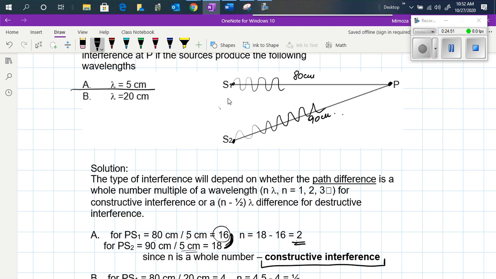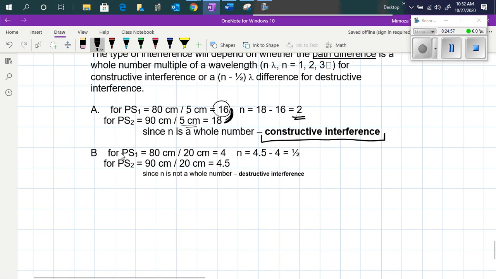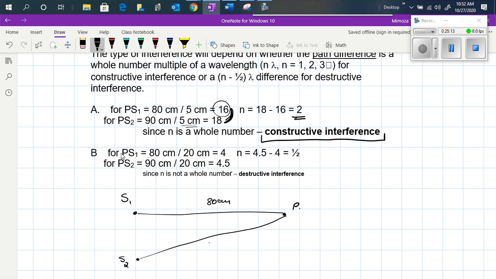Let's do the same calculations for the case where the wavelength is 20 centimeters. If you see here S1 and S2, and point P being here, again 80 centimeters and 90 centimeters. For the first one, it completes 4 complete cycles when moving from the source to the point where they meet.